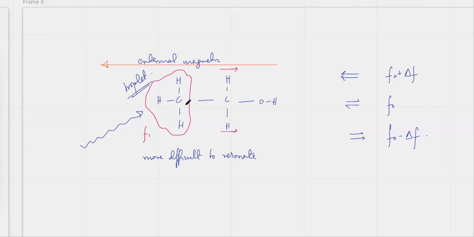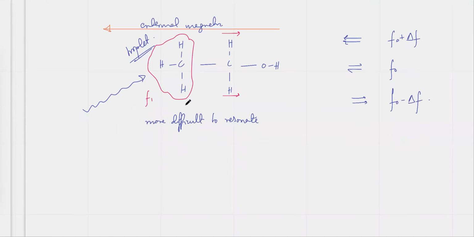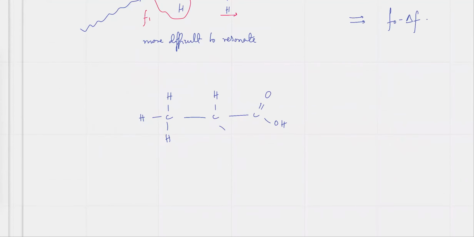And similarly, if the neighboring atom has just 1 hydrogen, and it's always the immediate neighborhood that matters, not atoms further away, they will have little effect.